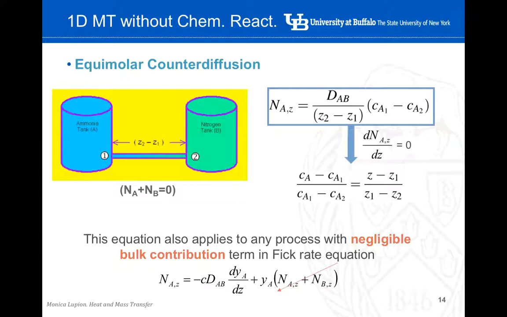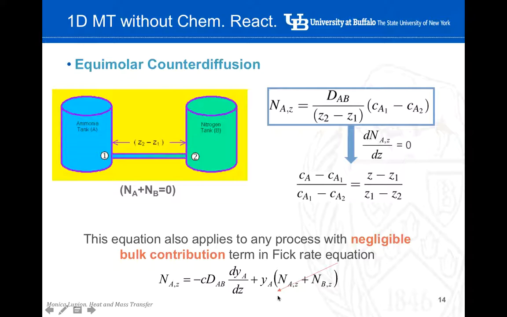And in general, we say that if there is any process where the bulk contribution is very small, for instance, when we consider dilute systems, we can directly cancel this term here in the Fick rate equation.